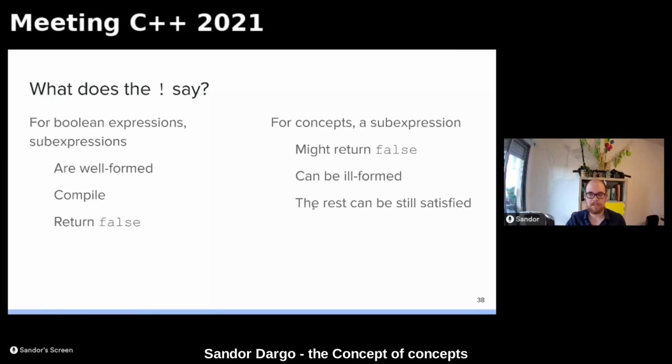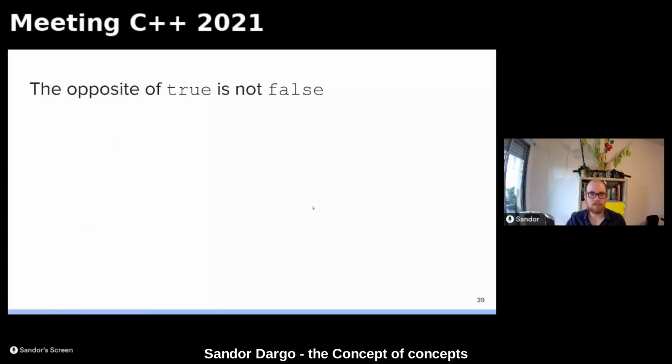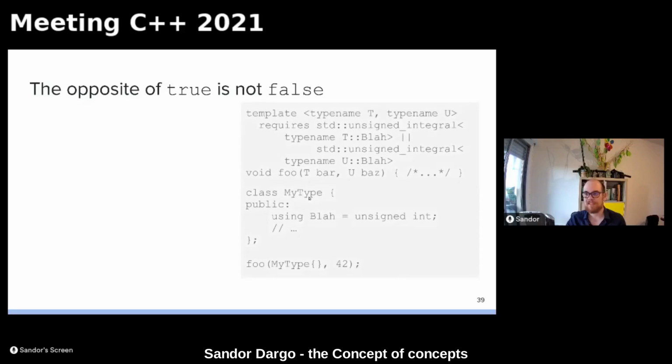So what does this mean? Let's have a look at an example of why the opposite of true is not necessarily false, as we thought about false before. Here we have another template function, foo, and it has two parameters, t and u.